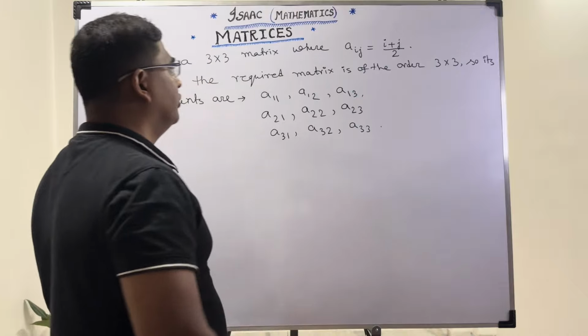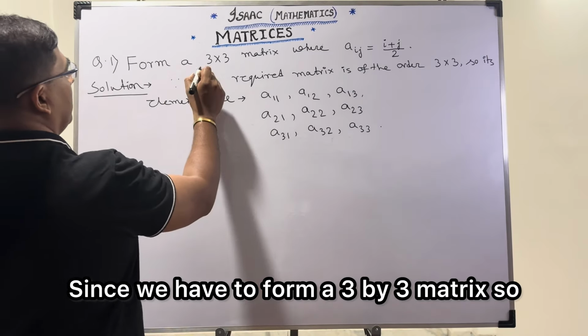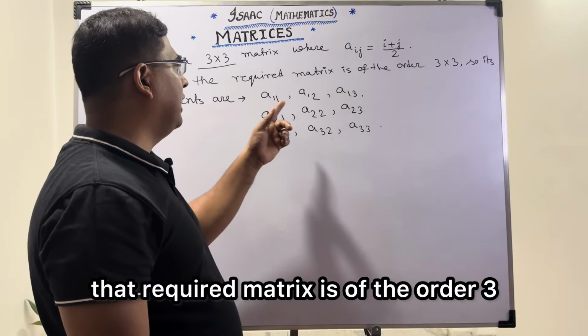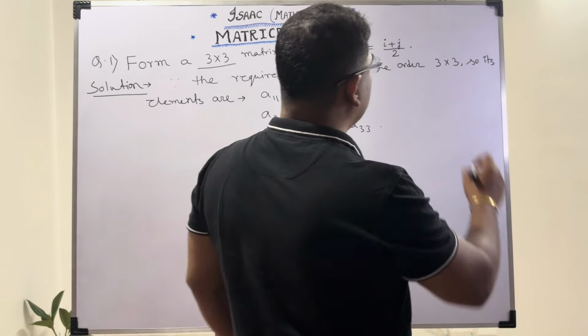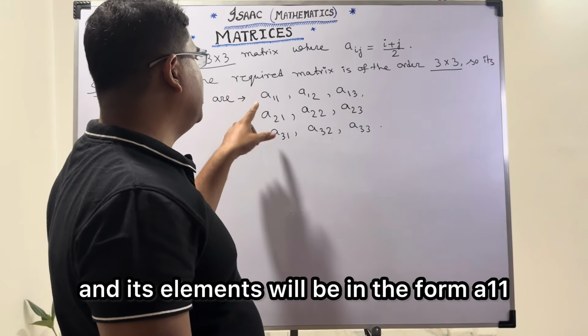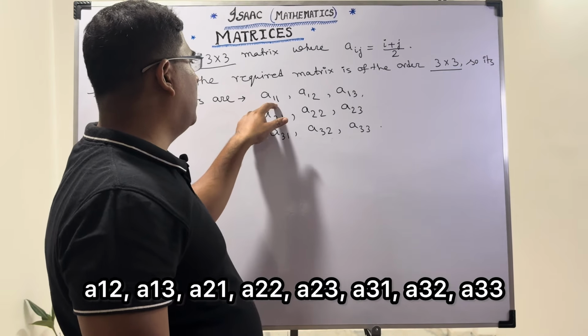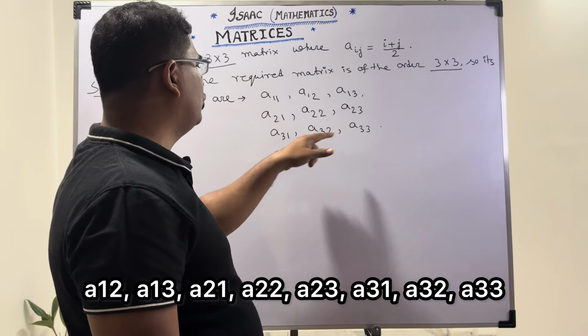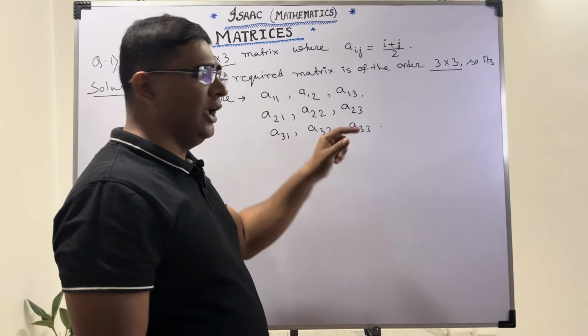Since we have to form a 3 by 3 matrix, the required matrix is of the order 3 by 3 and its elements will be in the form A11, A12, A13, A21, A22, A23, A31, A32, A33.